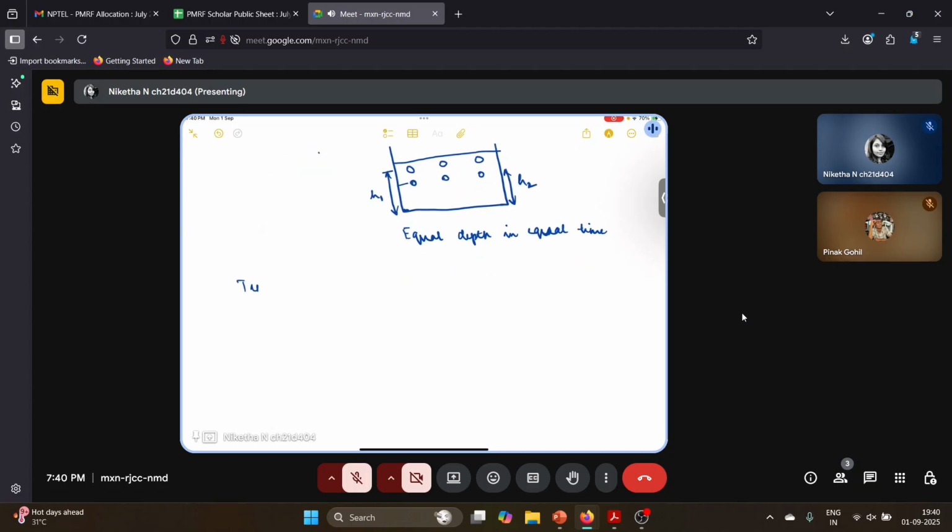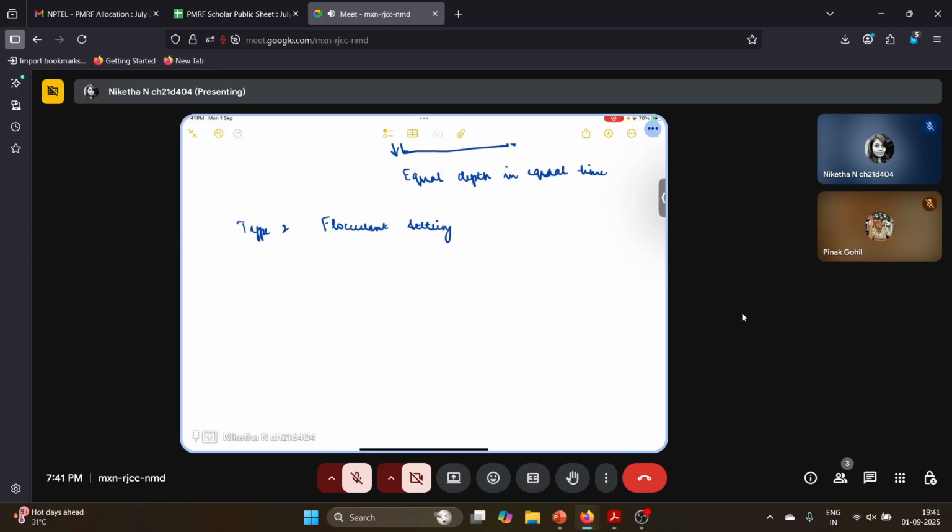Then we have type 2, which is flocculent settling. Okay. So here we assume that the particles come closer together and they form big flocks.